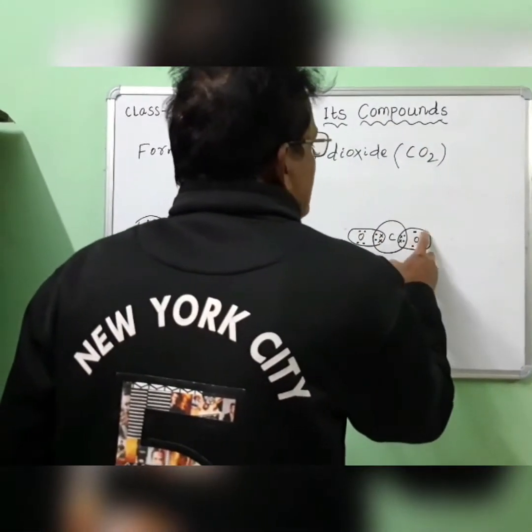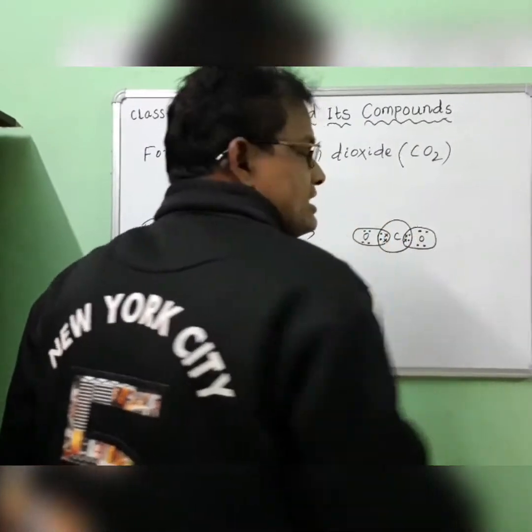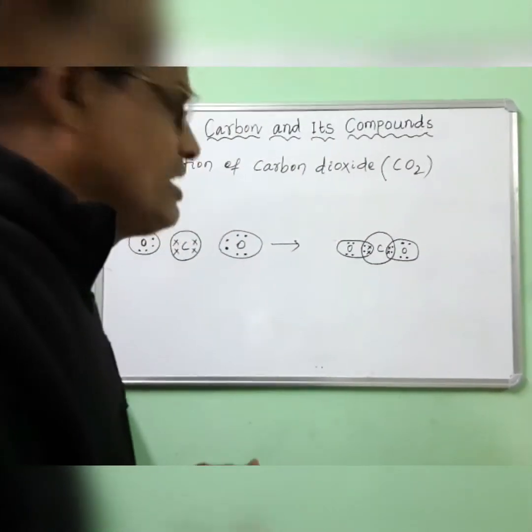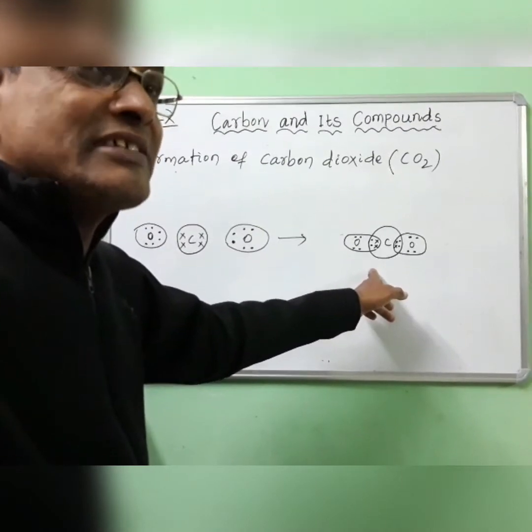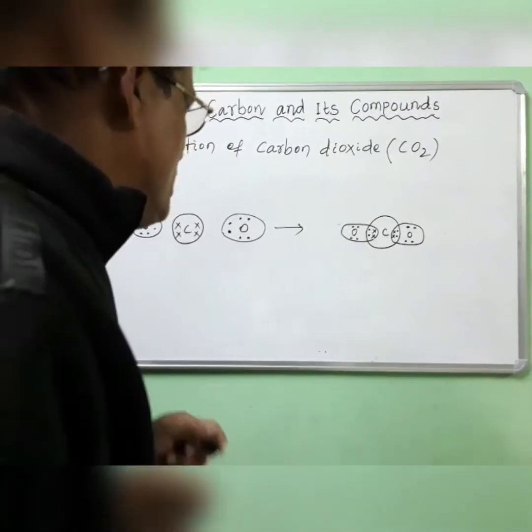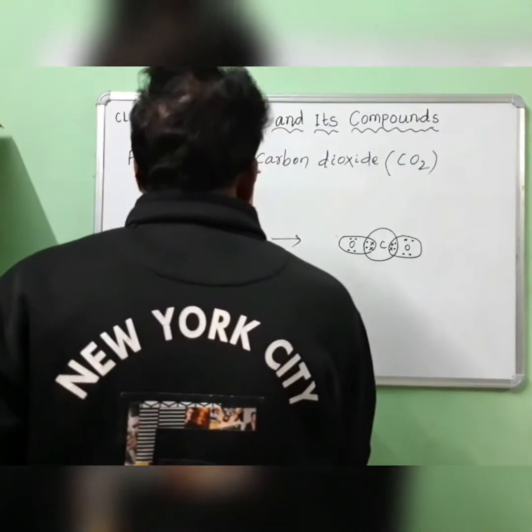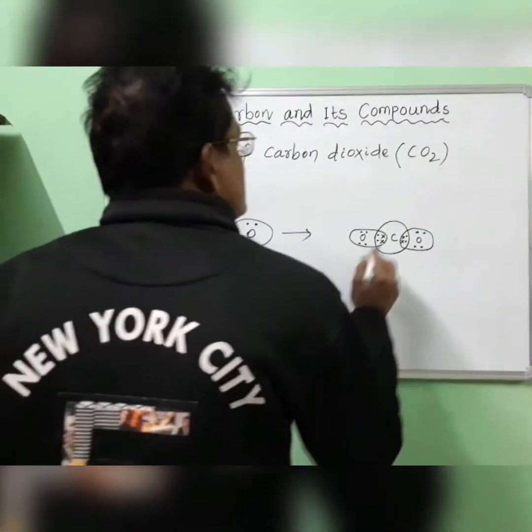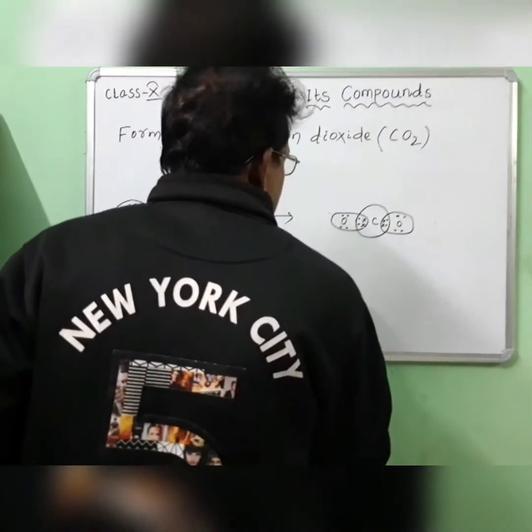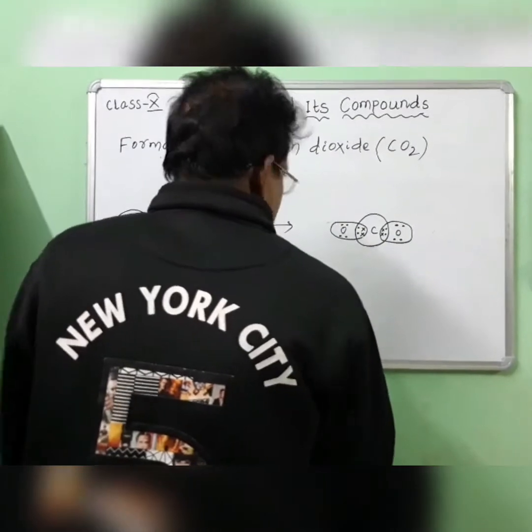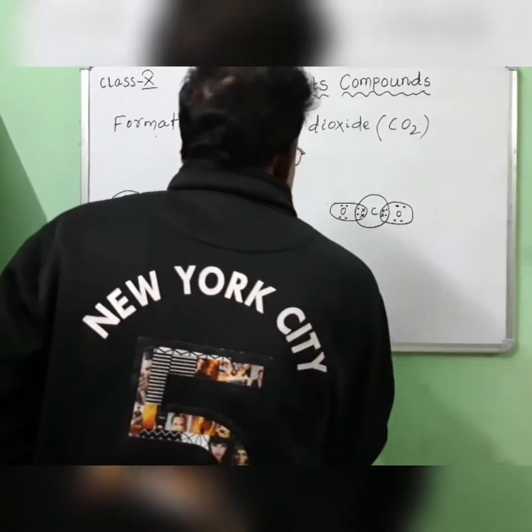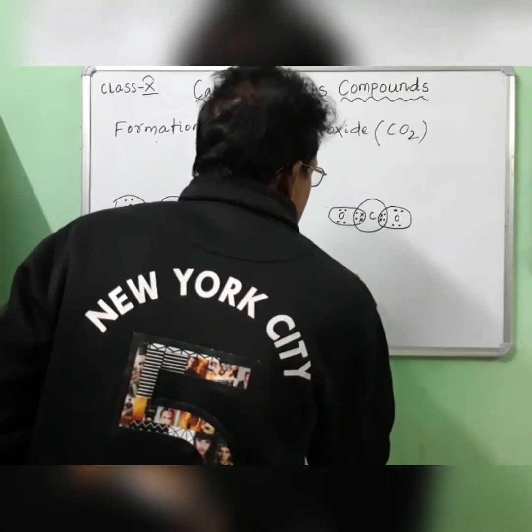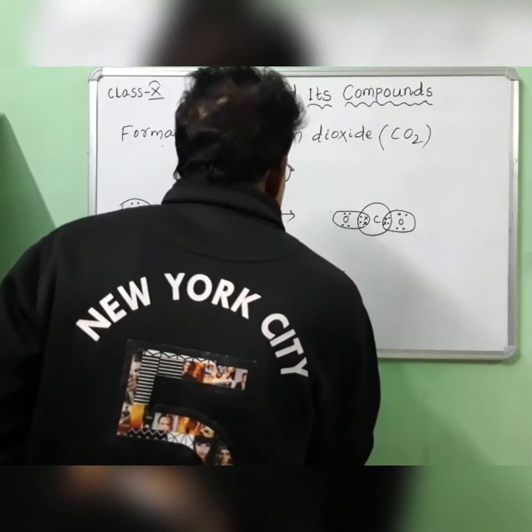Here we also 1, 2, 3, 4, 5, 6, 7, 8. Clear? Okay. So in this way both attain their nearest noble gas configuration, that is O double bond C double bond O.